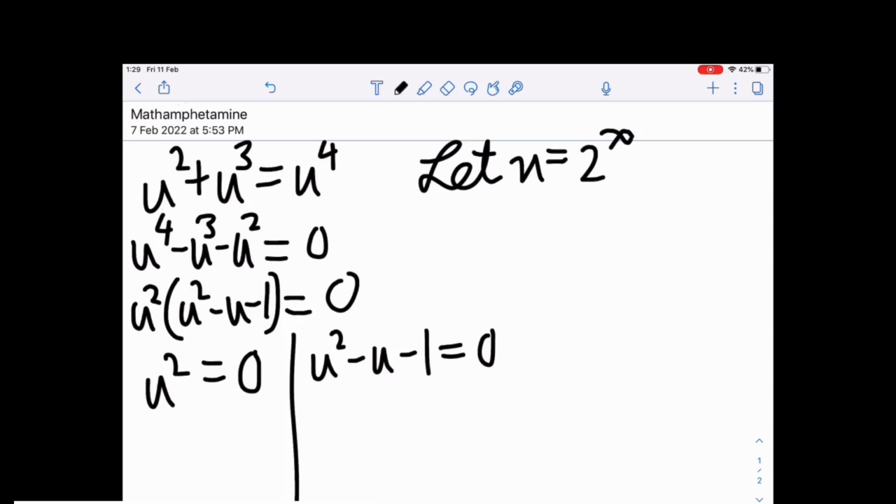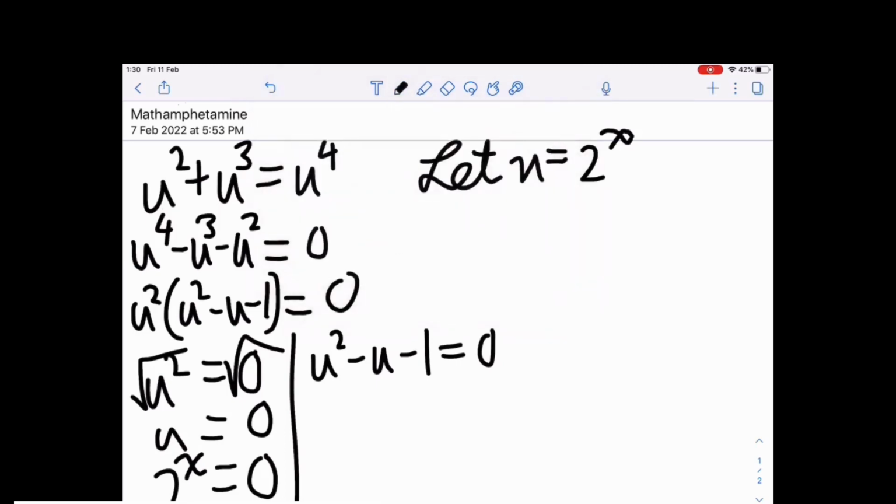And then we can square root both sides, so it's plus or minus 0, so u is equal to 0. We know that u is equal to 2 to the power of x, so we can write this as 2 to the power of x is equal to 0.